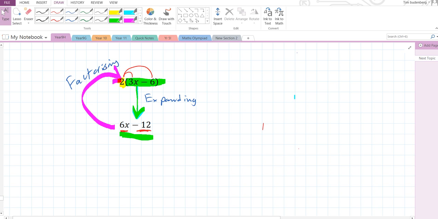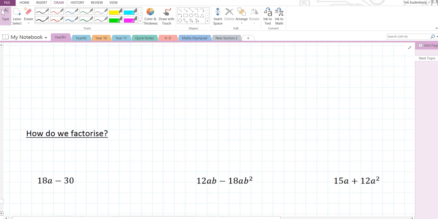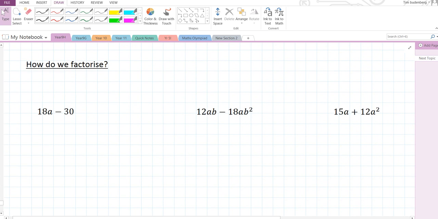We've taken the 6x minus 12 and we've split it into two pieces, just like up above, we took the 24 and split it into 3 times 8. Here we're splitting 6x minus 12 into 2 times 3x minus 6. Now you may have come across this in Year 8, which would be excellent because it should just be a recap at this stage.